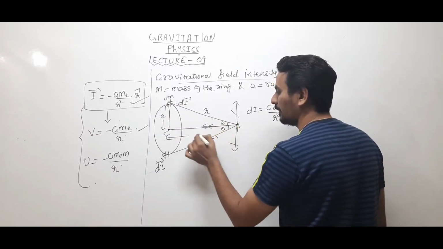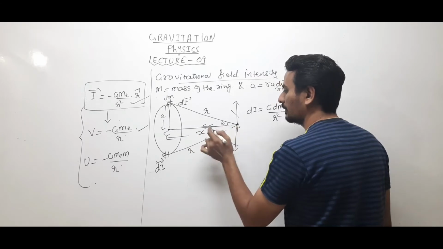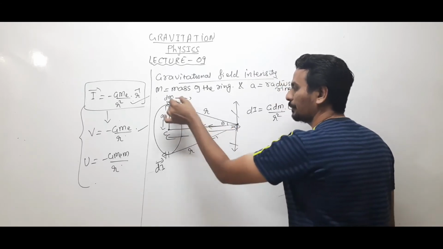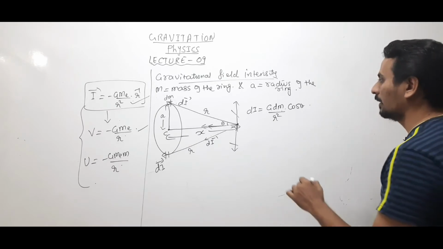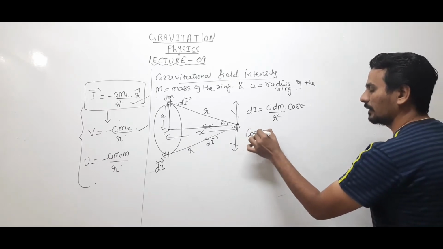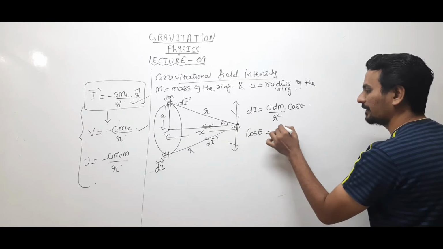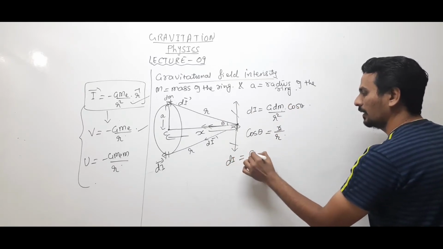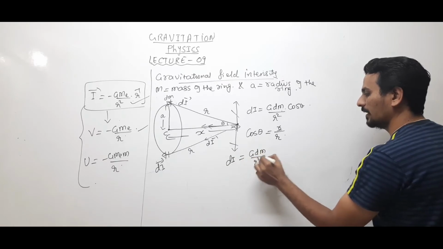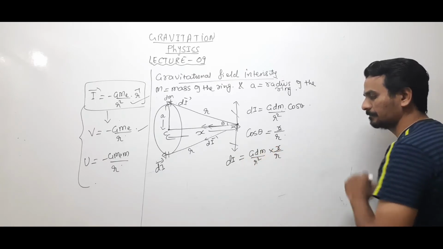Adjacent by hypotenuse; this distance was x, so it will be x upon r. So dI equals G dm by r squared into x by r.